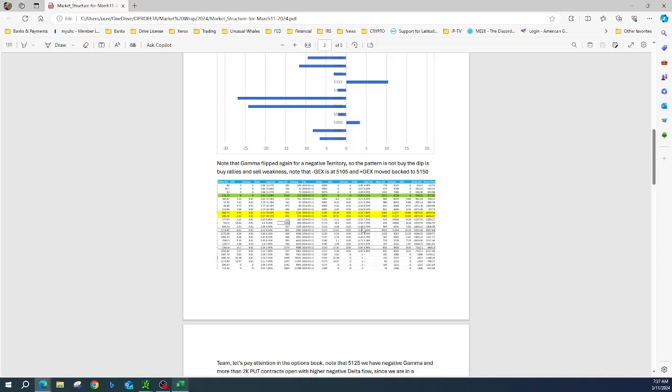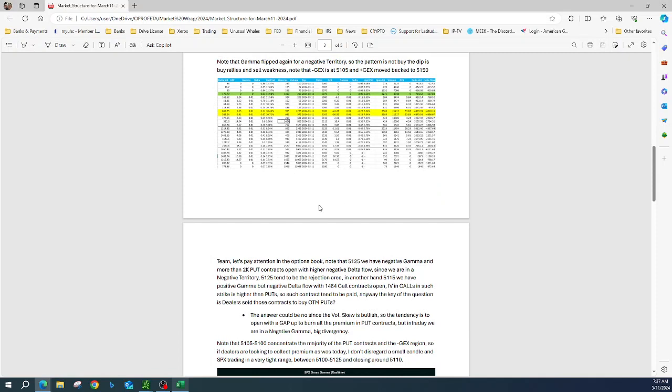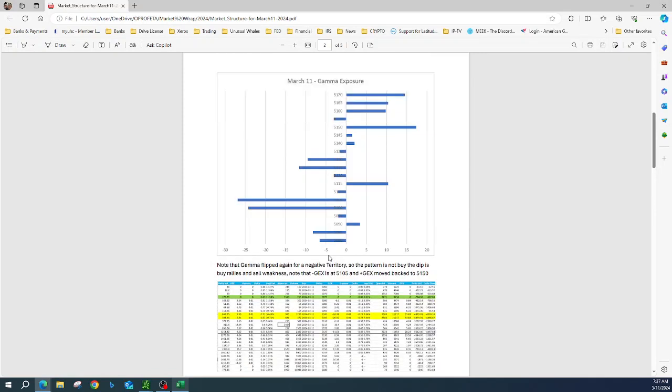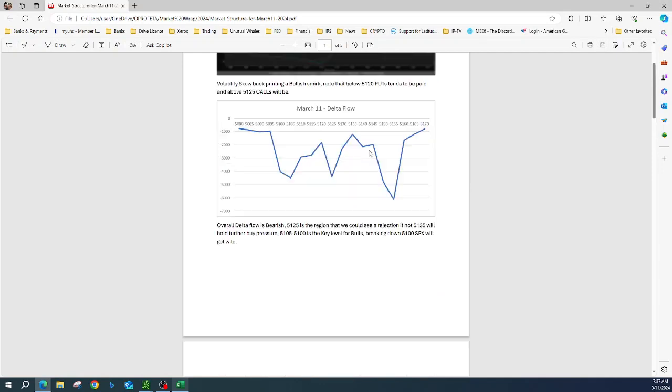Means house wins again. House wins again. Okay? So we already reviewed basically the volatility skew, the gamma design, and the delta flow, and the levels now are like the same as Friday.